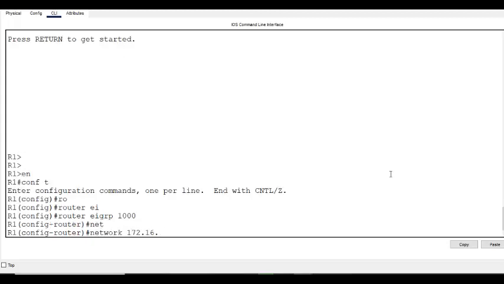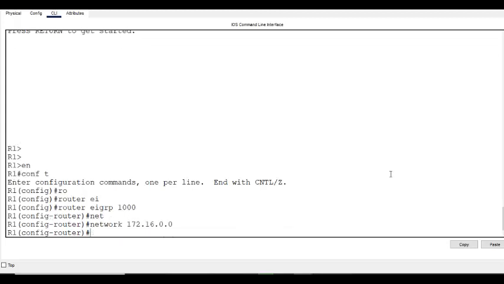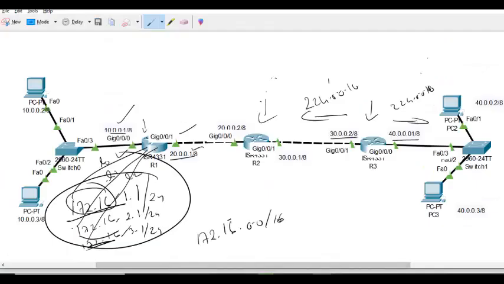See here, show ip interface brief. Show ip eigrp interface. You see, under EIGRP 1000 autonomous system, 3 interfaces are running because all these 3 interfaces have got what? 172.16, 172.16, 172.16. Is that correct?